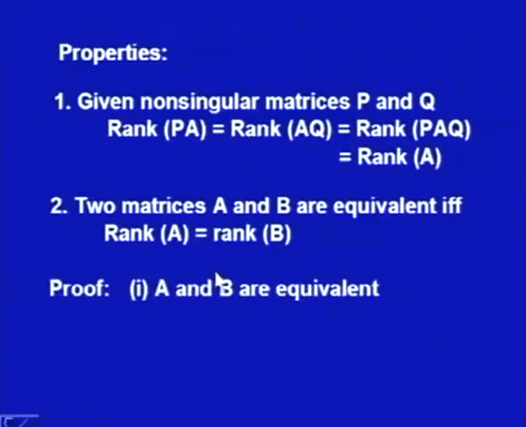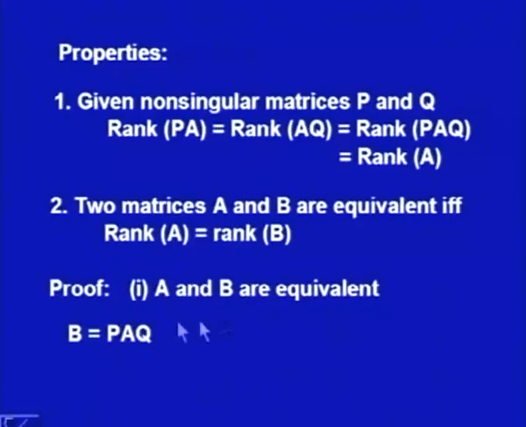So the proof is simple. We first assume that A and B are equivalent, and that means there exist non-singular transformations P and Q, so that we can write B as PAQ. That means there are some elementary transformations which can be applied to A that will give me B, and similarly we have a set of linear transformations so that B is equal to PAQ.